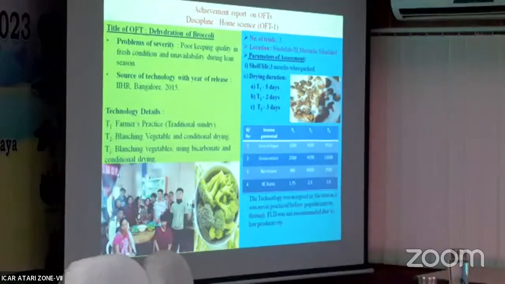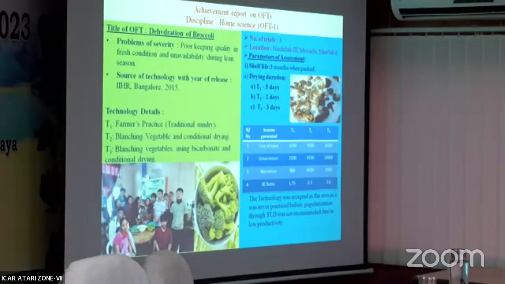Under T1, we took up the traditional sun-dry farmer's practice, and under T2, blanching vegetable and conditional drying, and then T3, blanching vegetables using bicarbonate and conditional drying. So we took up parameters like shelf life, and here are the results that we observed.